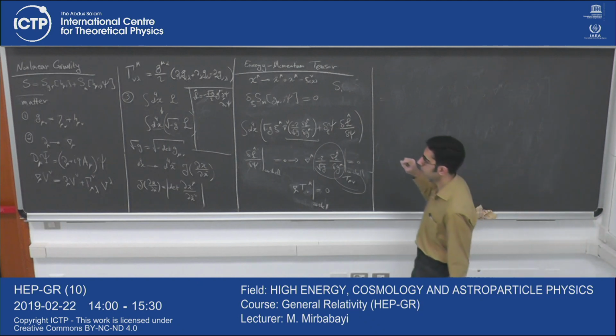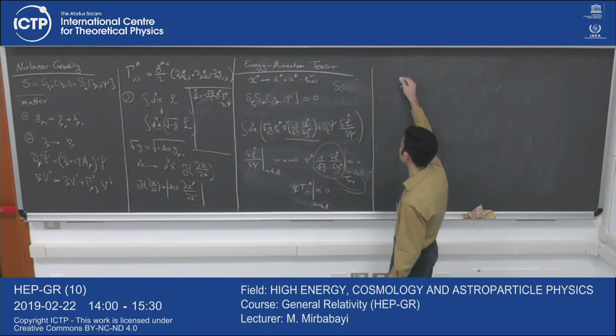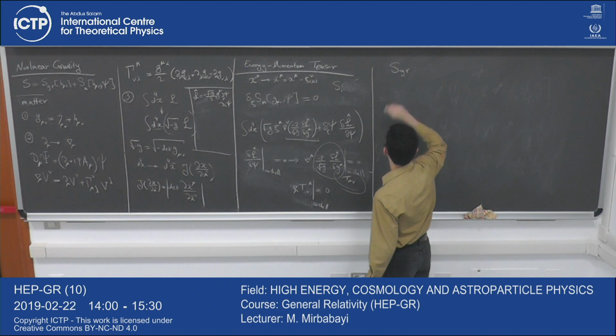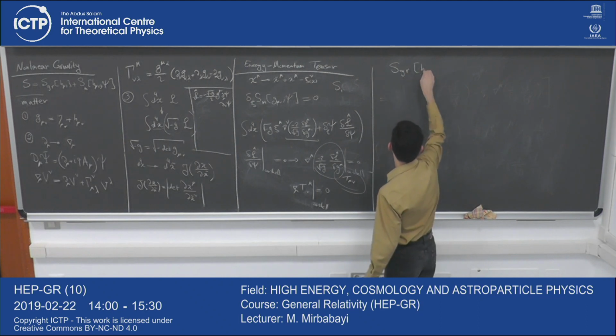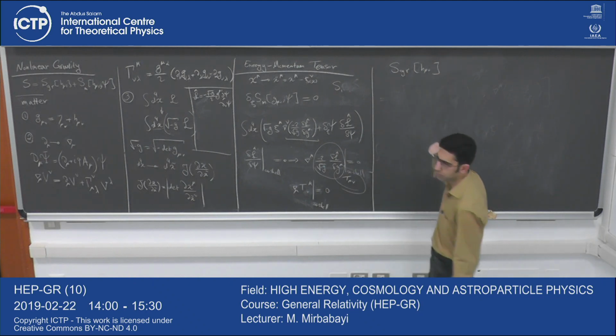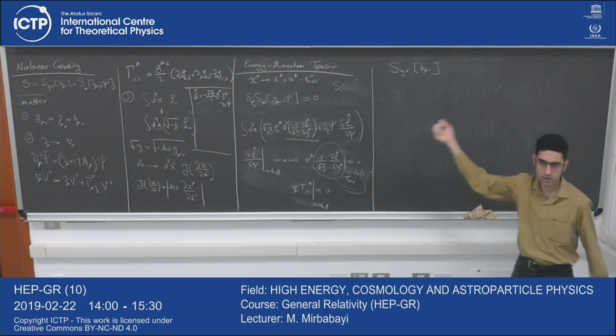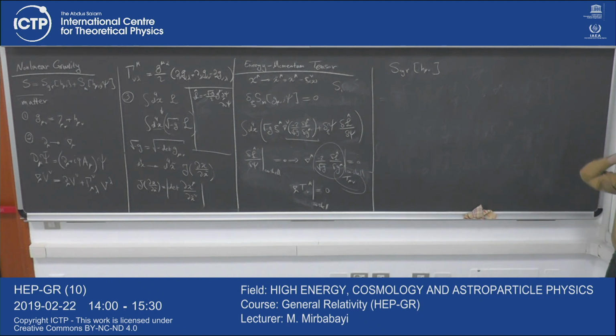So yeah, let us talk about this S gravity of h mu nu. But of course now we learn that we are supposed to put this h mu nu inside the full metric. So what are the conditions to construct this gravitational sector? The condition is as before.